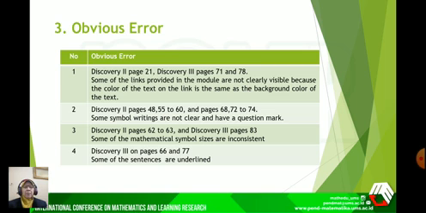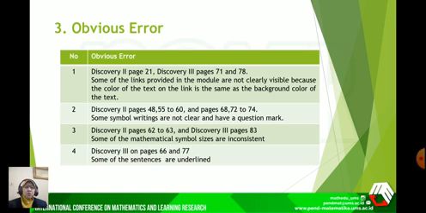Second, in Discovery 2, pages 48, 55 to 60, and pages 78, 68, 72 to 74, the students stated that some symbol writings are not clear and show a question mark.